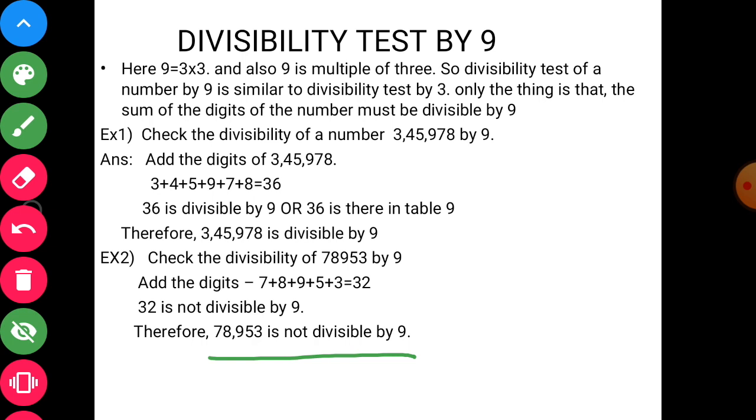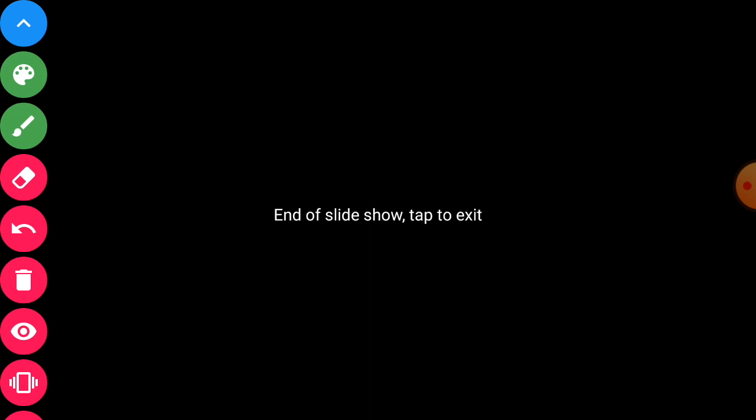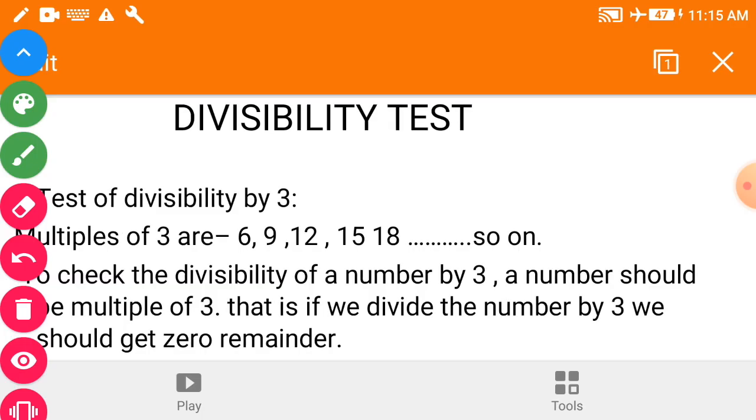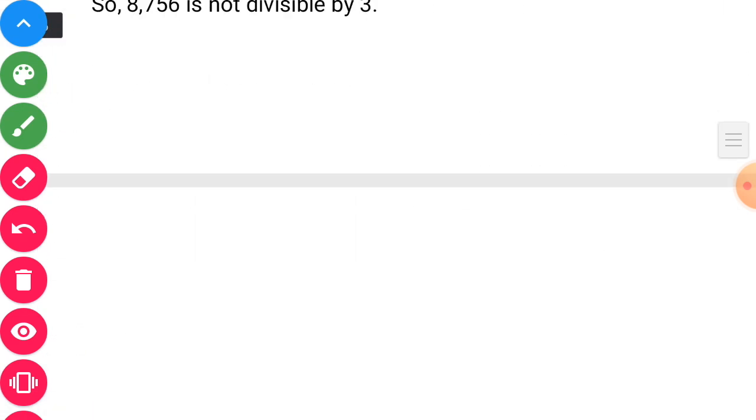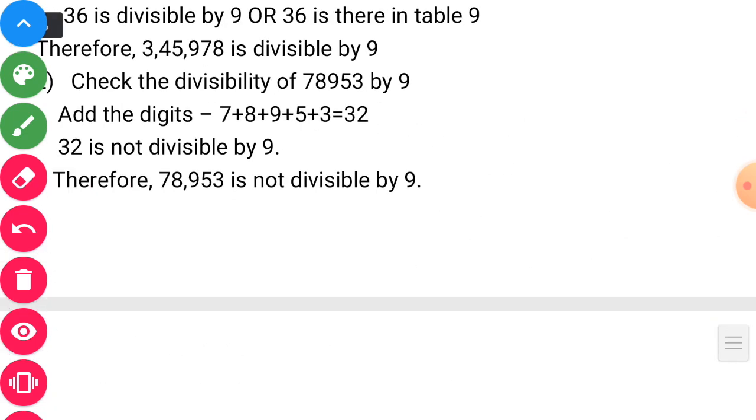Okay, now you have to copy all these notes in your fair note. Then here on the next page I have given you homework questions. Check the divisibility of these.